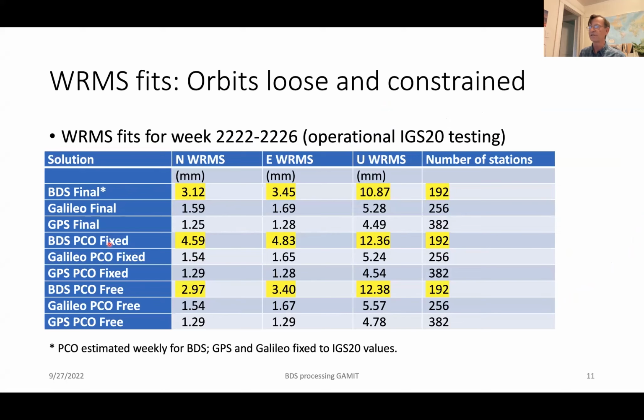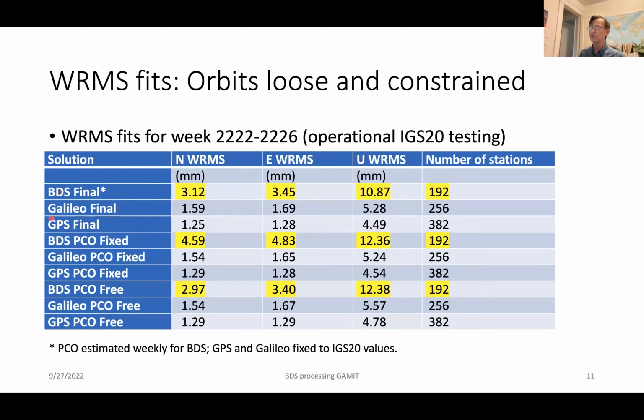So BDS final is using the BDS system. We actually have the phase center offsets estimated bi-weekly amounts for this solution. And so that's around 3 millimeters in the north and the east, 10 millimeters in vertical. Our Galileo final solution is 1.5 and 1.7, and then GPS is 1.2 and 1.28 millimeters.